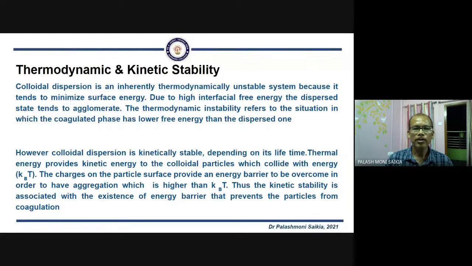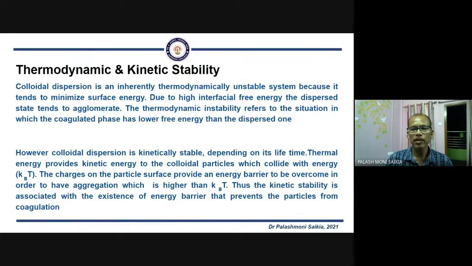So in order to minimize this interfacial free energy, in order to go towards a system of lower free energy, they tend to agglomerate. So from a thermodynamic point of view, they are unstable. That refers to the situation in which the coagulated phase has lower free energy.